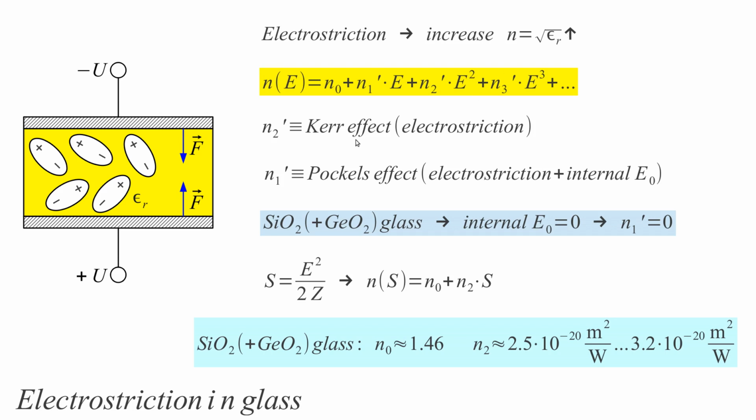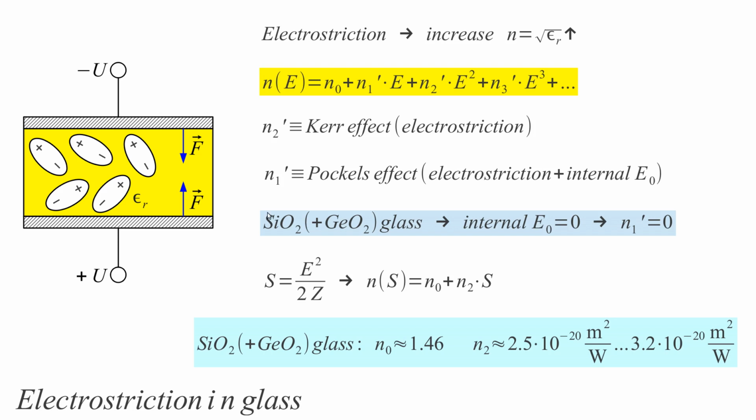This is known as the Kerr effect or electrostriction. If we have our material with a strong built-in electric field, then this electric field sums with the externally applied field, and we may have the linear Pockels effect. That's electrostriction plus internal electric field. This does not happen in glass, but it happens in some crystals like lithium niobate.